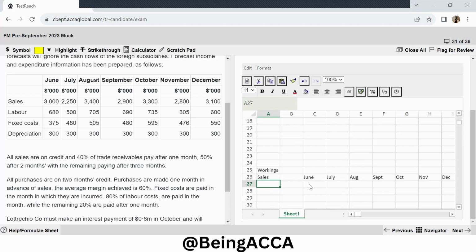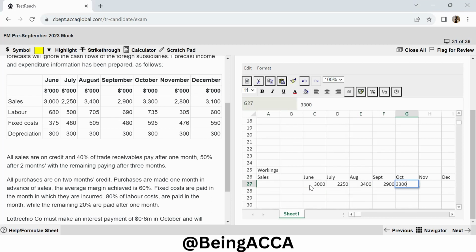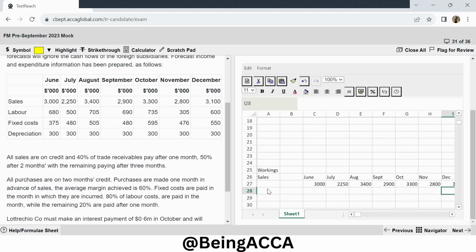Let's type out the figures first of all. So this is 3,000. Then for July, I have 2,250. For August, I have 3,400. Then 2,900. Then I have 3,300. Then I have 2,800. And then I have 3,100. So these are the figures that I have been provided with.